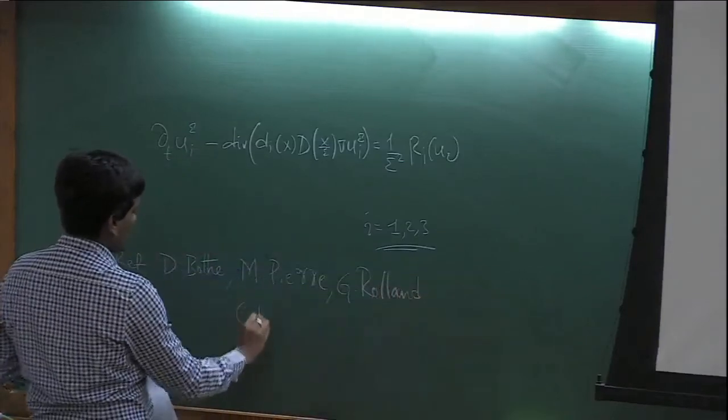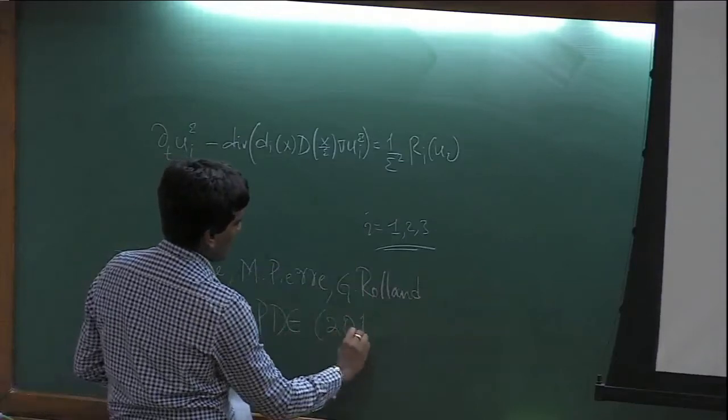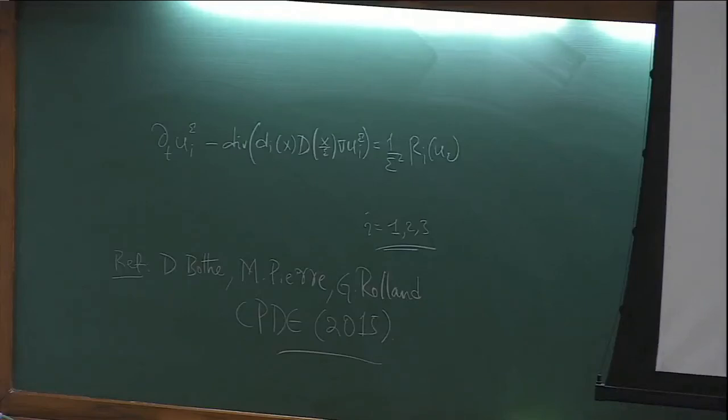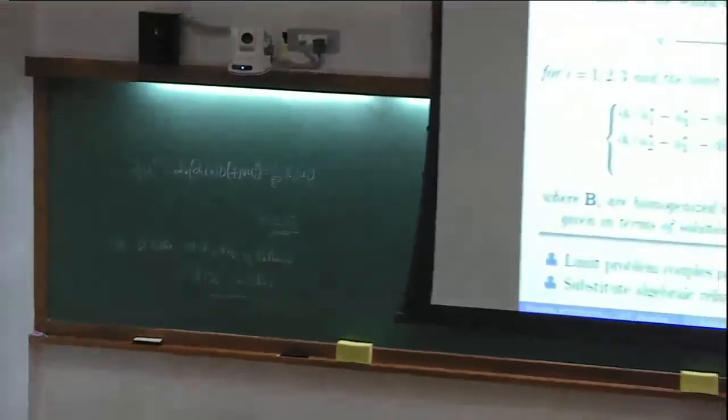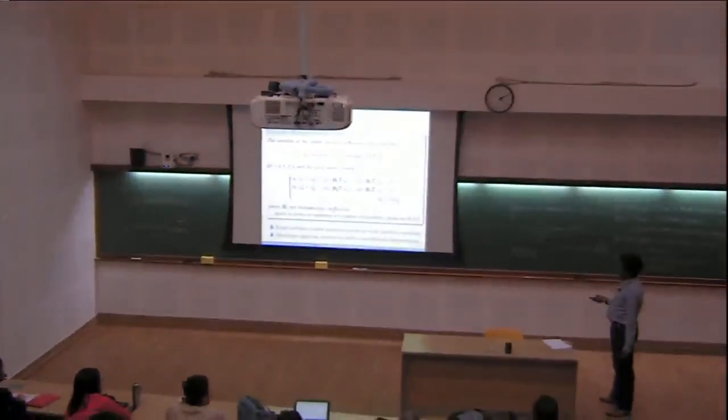This was published in Communications in PDEs in 2015. This is a very hot topic in PDEs, to study these reaction diffusion systems, and some of these things can be a starting point to get to know what's happening.